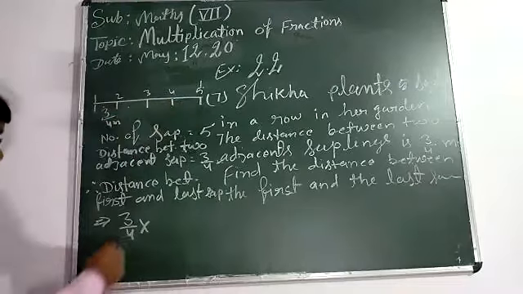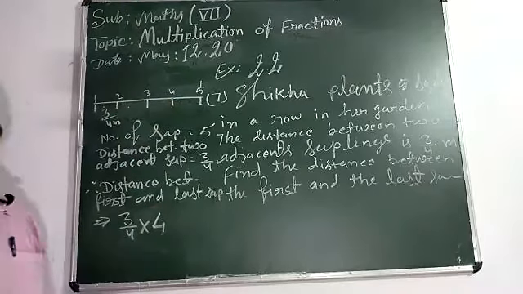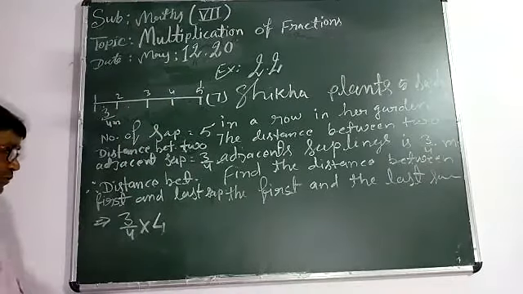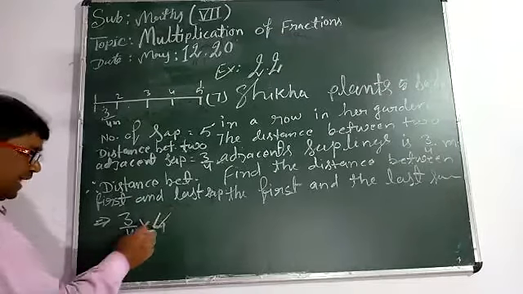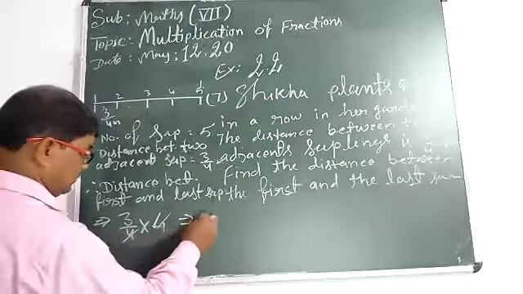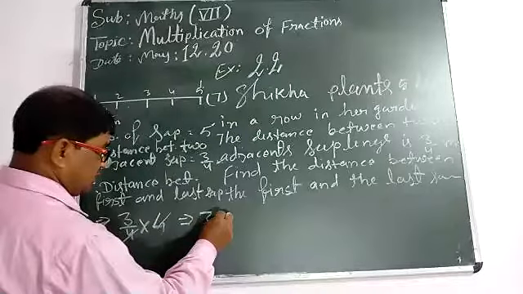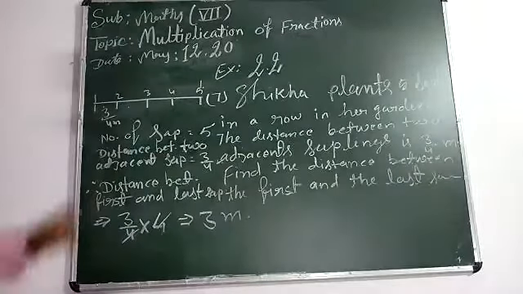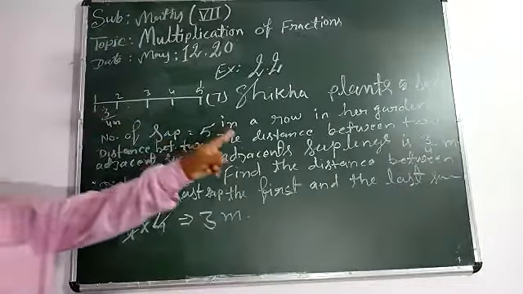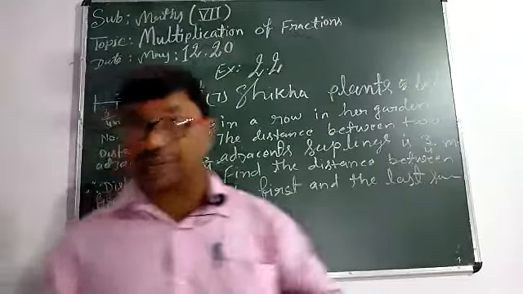Okay? 3 upon 4 multiply 4. Now 4 cancelled by 4 and your answer will be 3 meter. So the distance between the first and the last sapling is 3 meter.